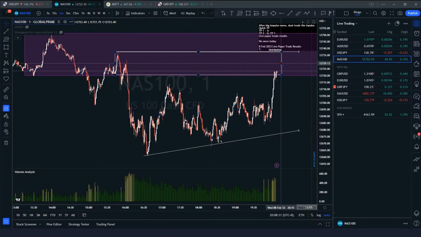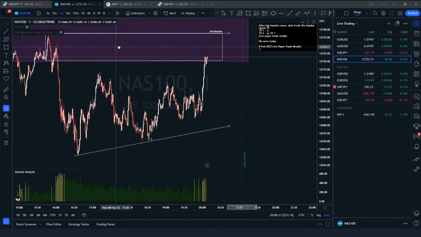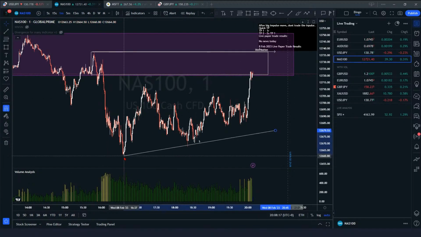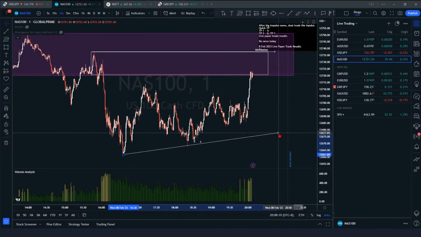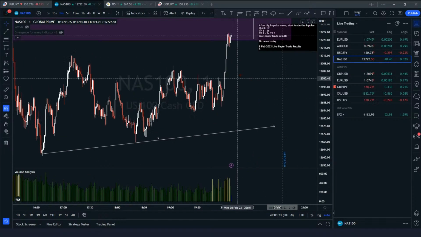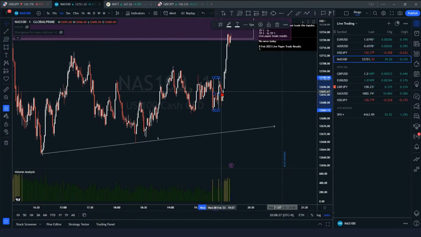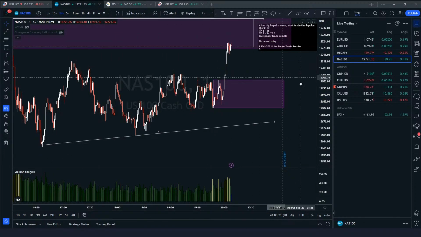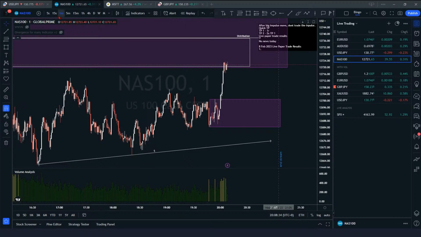If price wants to go lower, we should see a reaction over here. But the impulse for this move is quite huge, and we have an opposing order block over here. This is unmitigated.